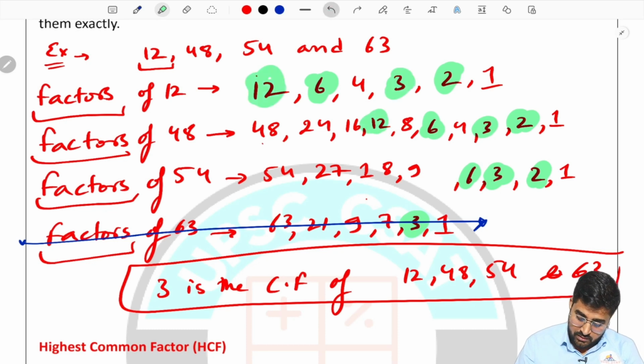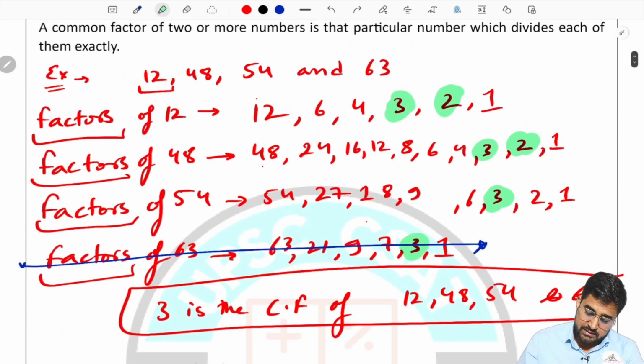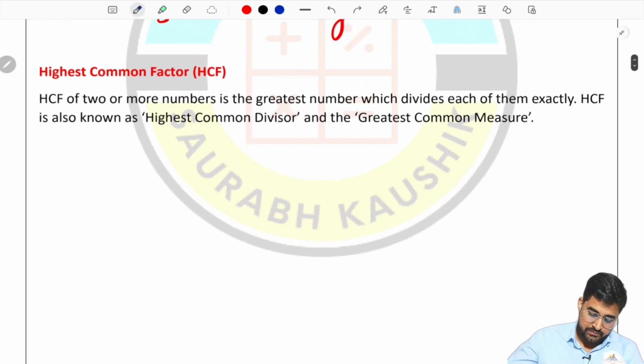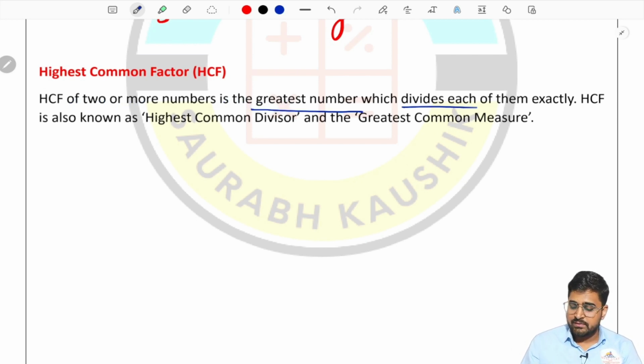Now we will discuss the definition itself. Highest common factor: the highest common factor of two or more numbers is the greatest number which divides each of them exactly, as we have discussed. It is also known as highest common divisor or greatest common measure.